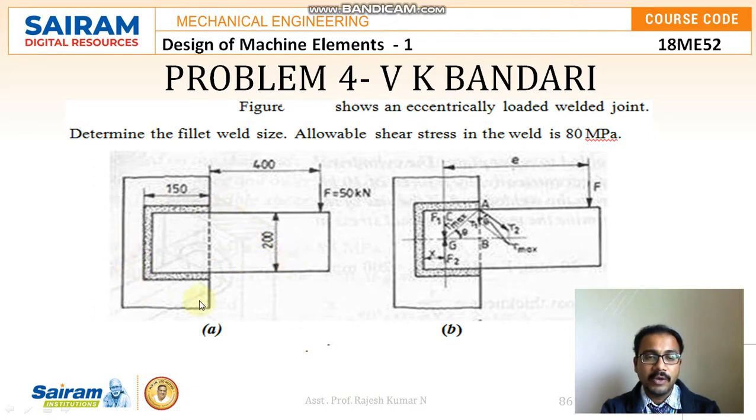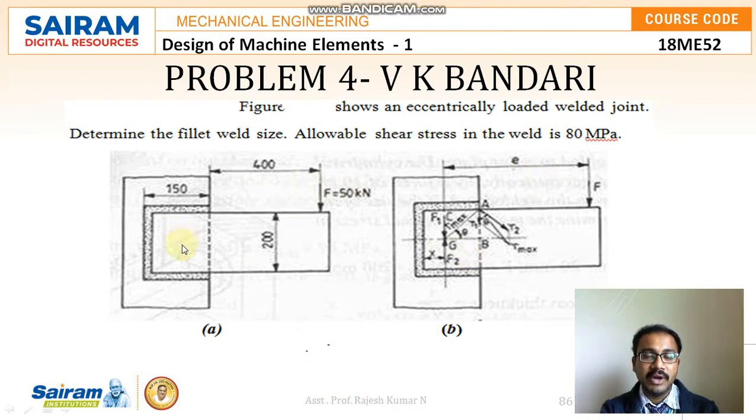So I can find the total welding length: it is 200 plus 150 plus 150. We have one load of 50 kilonewton, which is applied at a point away from where the weld starts, and the distance is 400. We call it the eccentric distance, that is e equal to 400.